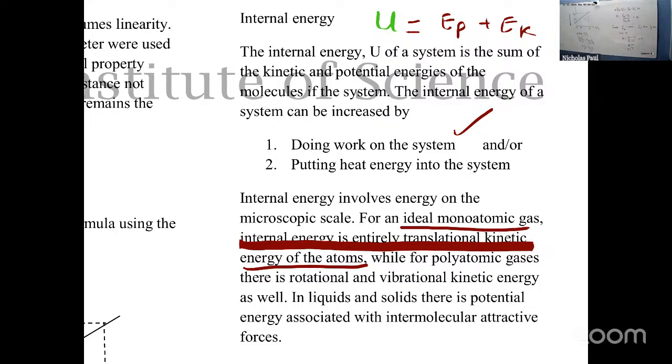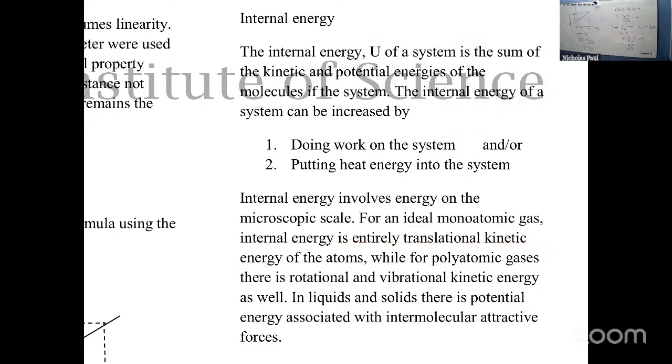Therefore the potential energy is small. So in an ideal case, gas particles only have kinetic energy. The internal energy is strictly kinetic.